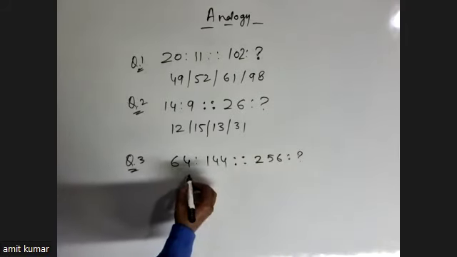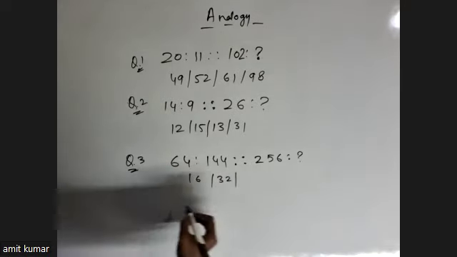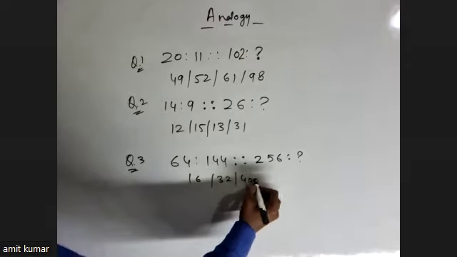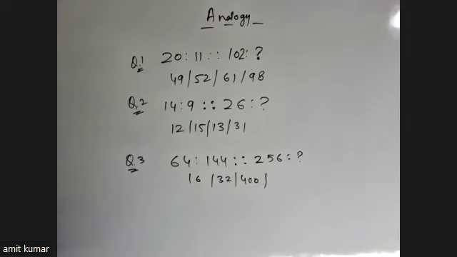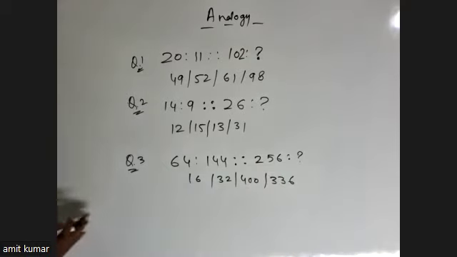You have the options as 16, 32, 400 and 336. Now try to solve these three questions.